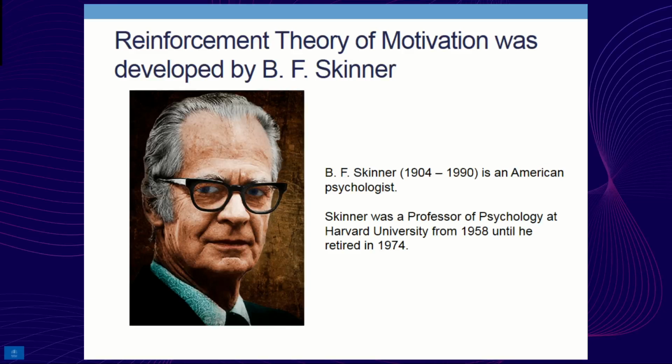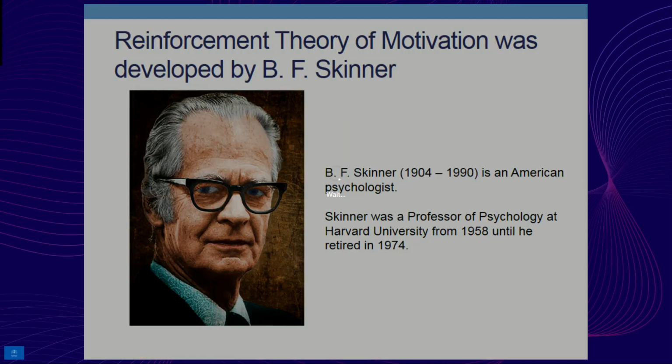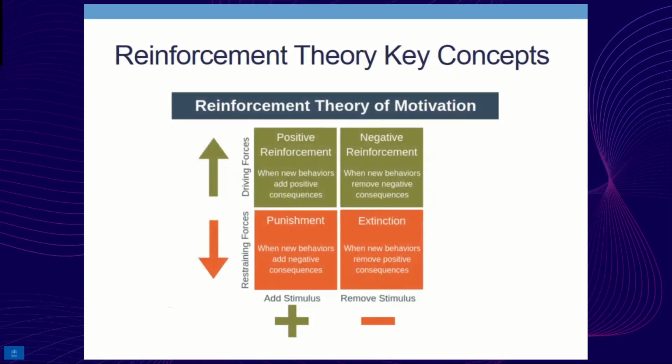Reinforcement refers to rewards that are used to encourage good behavior, and punishments are used to reduce bad behavior. Extinction is similar to punishment but involves the removal of a reward that is encouraging poor behavior.